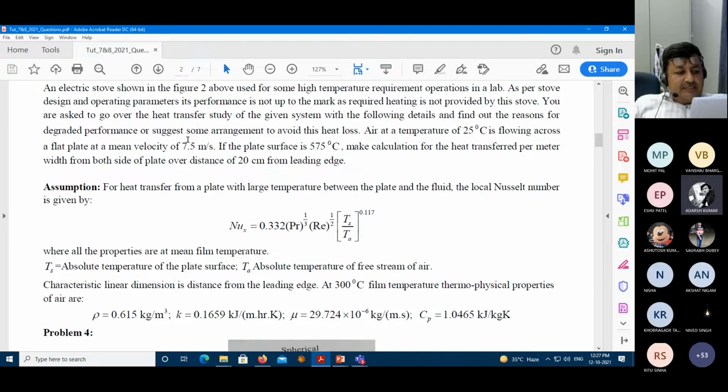What are you thinking here? What is the question that has been asked here? What do you want to calculate here? Make the calculation for the heat transfer per meter width of both sides. So you have to really calculate the rate of heat transfer, right?